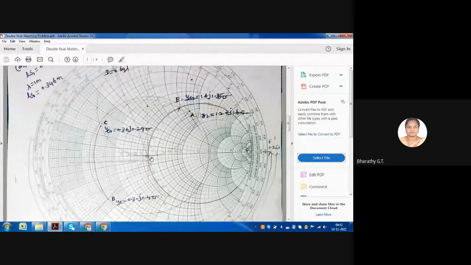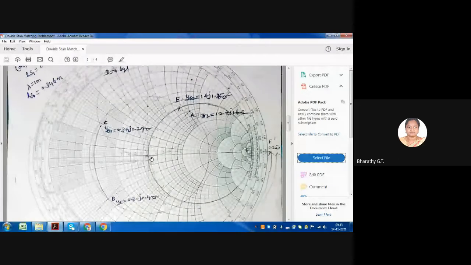While you are plotting it in the Smith chart, parallelly write the steps also. Have we completed it? Shall we proceed?